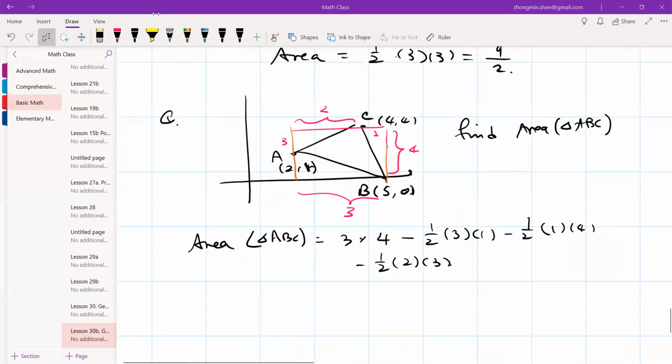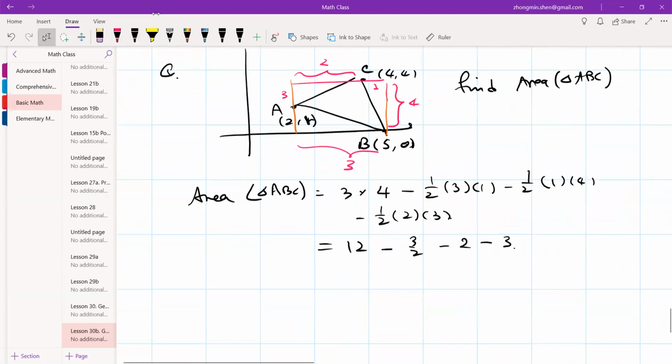So it's going to be 12 minus 3 over 2 minus 2 minus 3. So 10 minus 3 is 7. 7 minus 3 over 2 is going to be 11 over 2, which is 5.5. Great, 5.5.